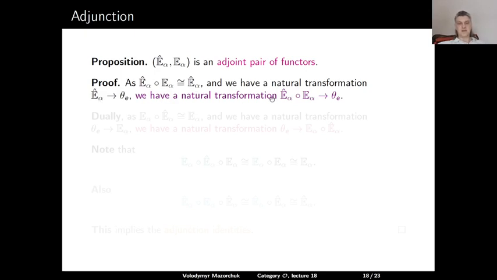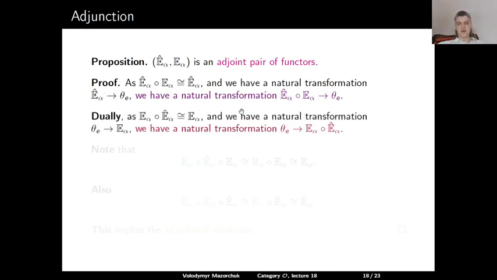So this gives us a natural transformation from this composition, E alpha hat after E alpha, to the identity. Dually, we know that E alpha after E alpha hat is E alpha, and we have a natural transformation from the identity to E alpha. So this gives us a natural transformation from the identity to the composition E alpha after E alpha hat. So these are our adjunction morphisms.